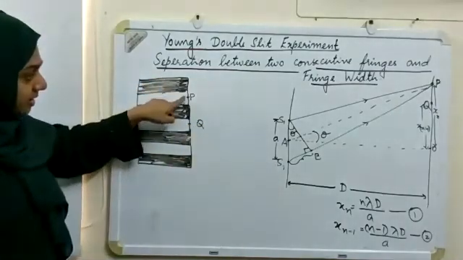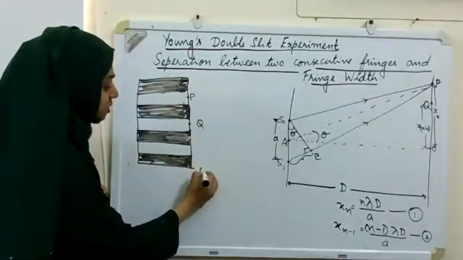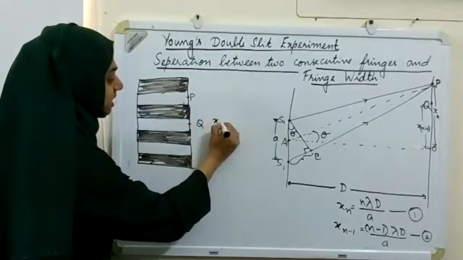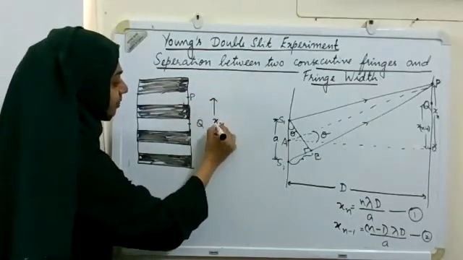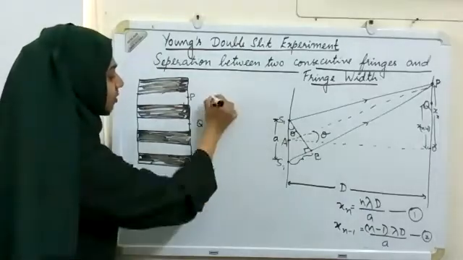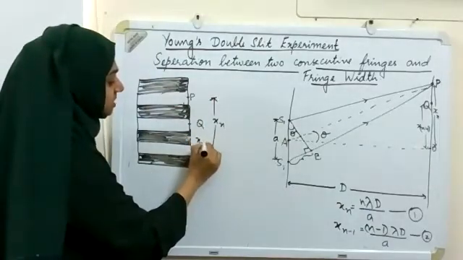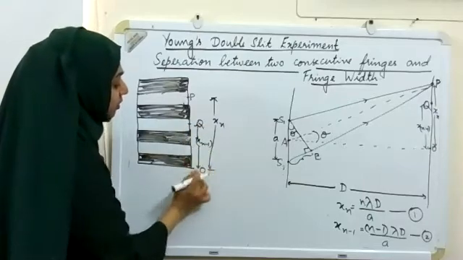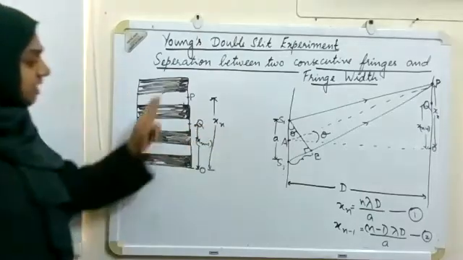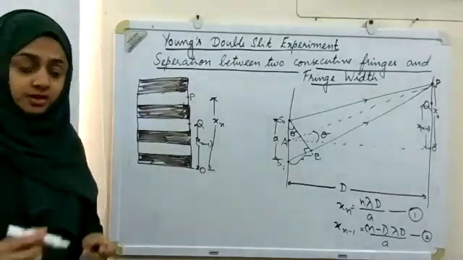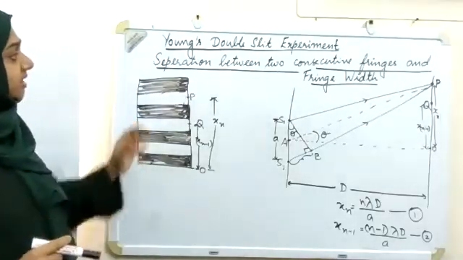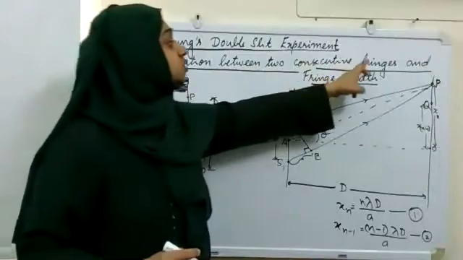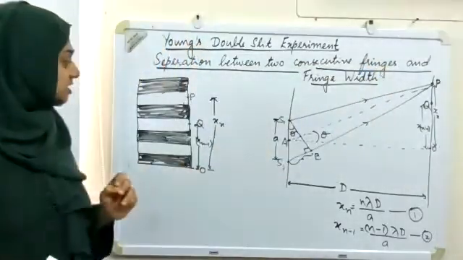So if this is O, this distance is xn up to P, and this distance is xn minus 1 from O to Q. Is that clear now?